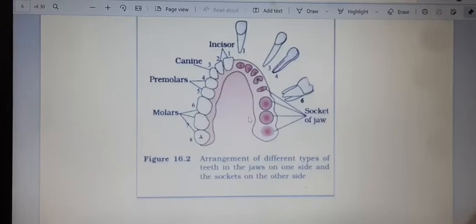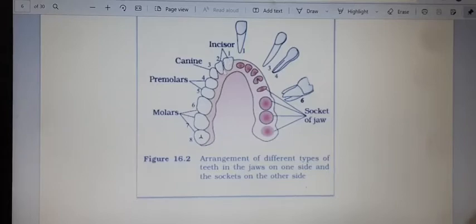So this is the arrangement of different types of teeth in the jaws on one side, and the sockets on the other side are shown here. First one is the incisor. This is one in each half part of the jaw. Then there will be canines, then premolars. Number one is the incisor. Number two is also the incisor.